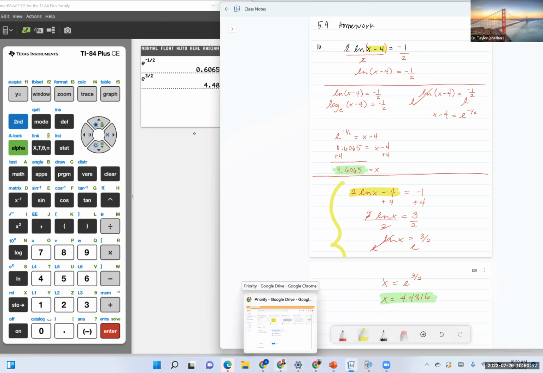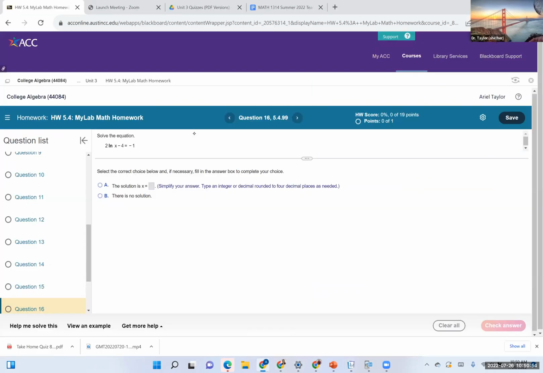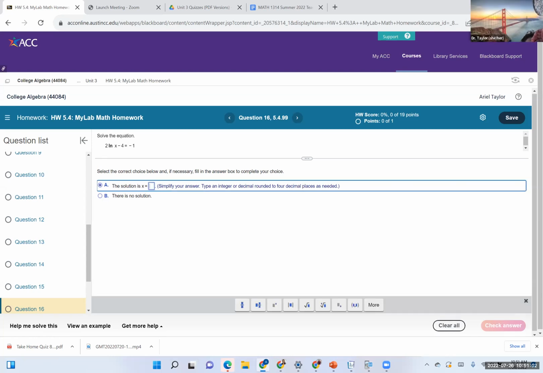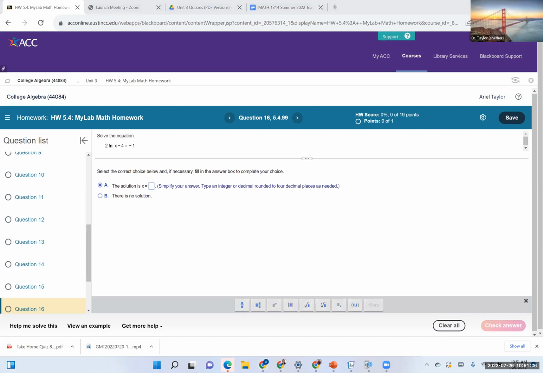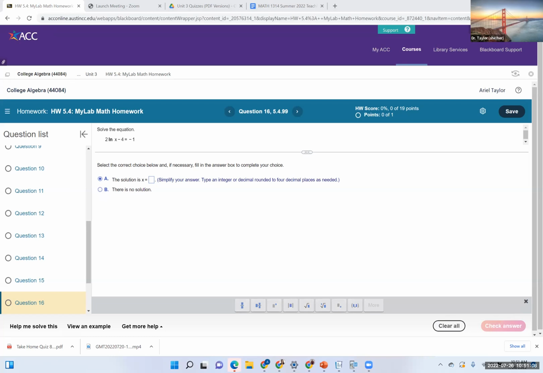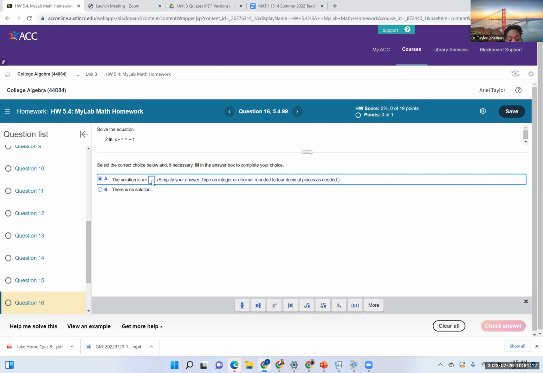So let us go here. Round to the 4 decimal places as needed. Lord. Okay, let's just check it and see. Hold on. I'm going to go with my second answer because there is no parentheses explicitly written in the problem. So that was 4.4816, I believe.